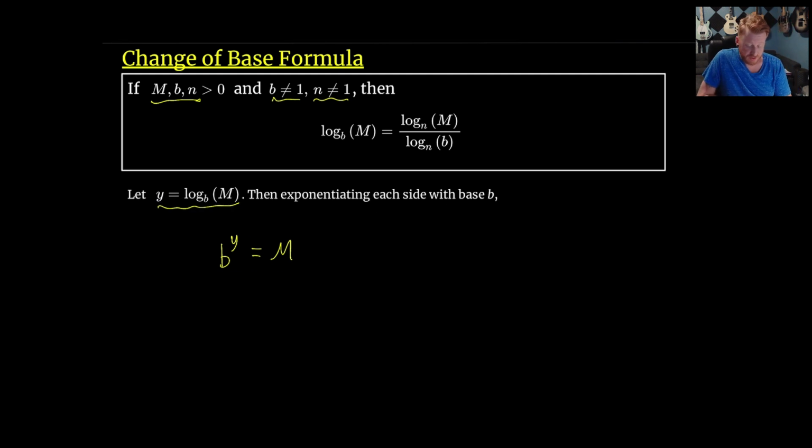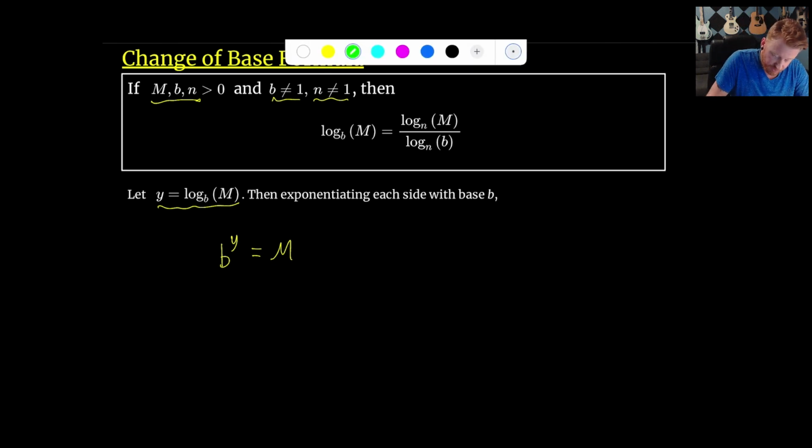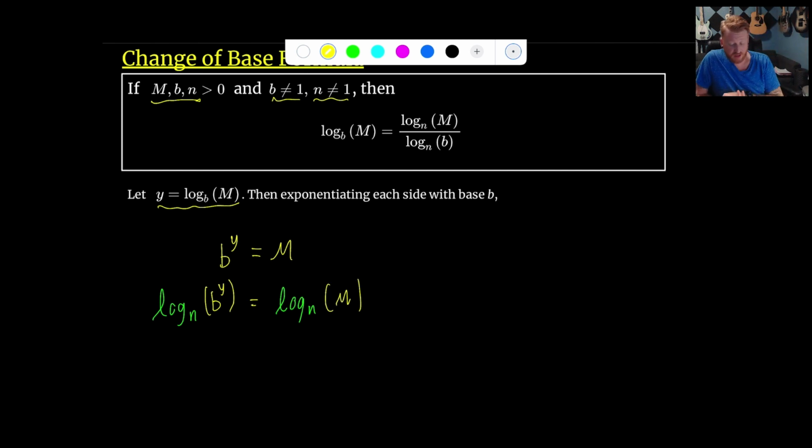And then our next step, we're going to take the log base whatever we want of both sides. So in this next step, we'll do log base n, and then on the left, we're taking log base n of b to the y is equal to log base n of m. So I'm just taking log base n, and we get to choose whatever we want.